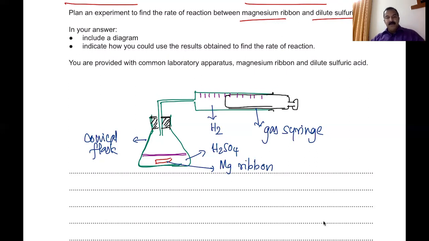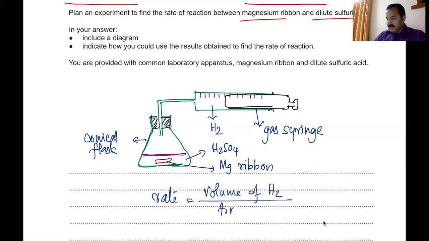So now of course, the timing is very important when it is rate. Rate is equal to, at some point you are going to write, volume of the hydrogen produced, volume of H2 produced over time taken. So you need to have the timer as well.